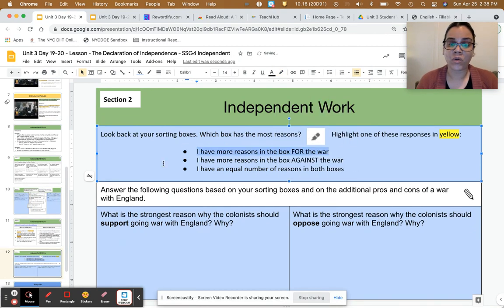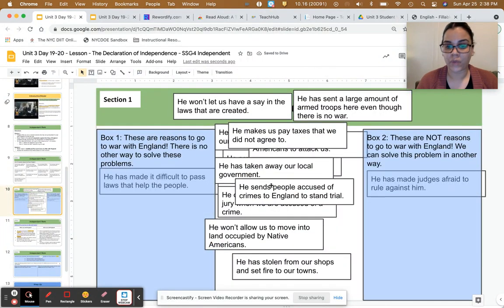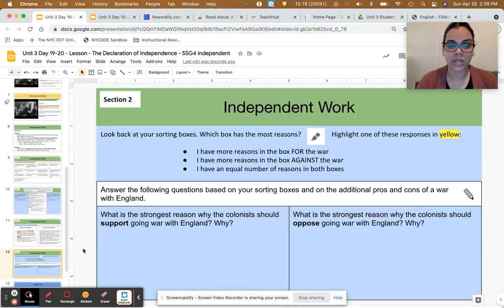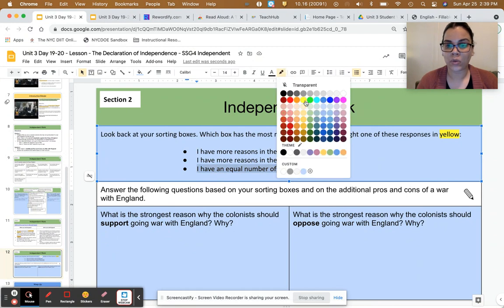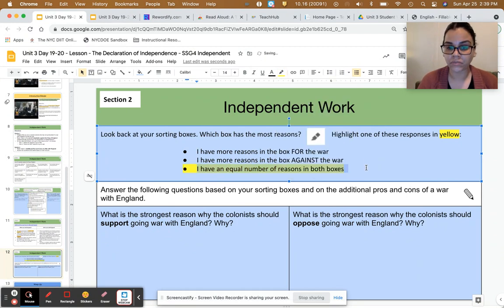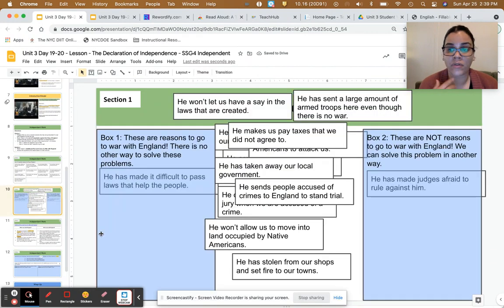If you have more reasons in box 2, meaning more reasons we should not be going to war with England, you're going to highlight the second sentence, come up here, highlight. Or if you have the same amount of rectangles or complaints in box 1 and box 2, then you're going to highlight the third sentence where it says you have an equal amount of reasons in both boxes.